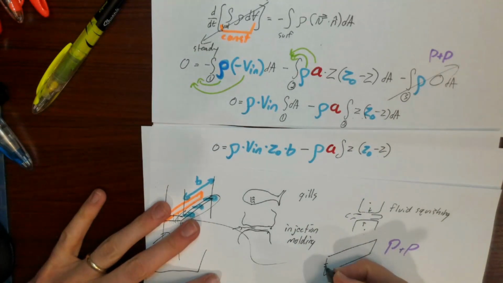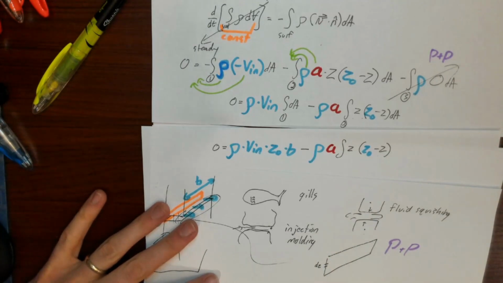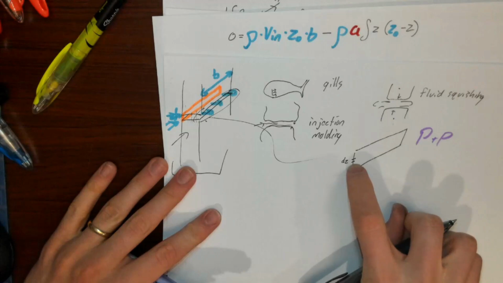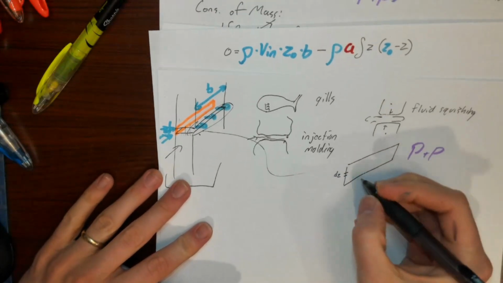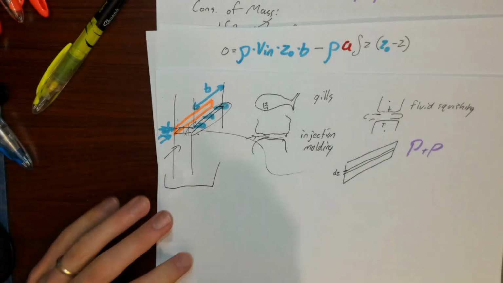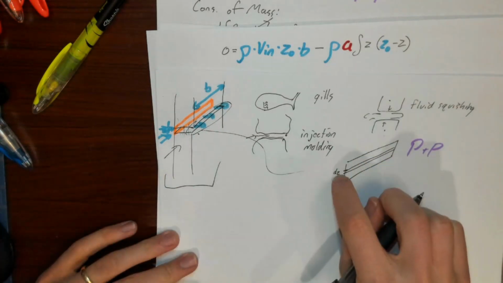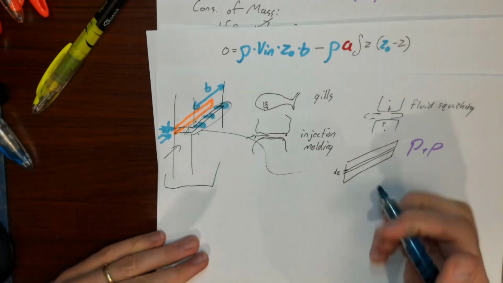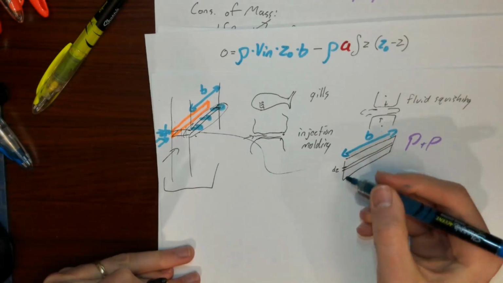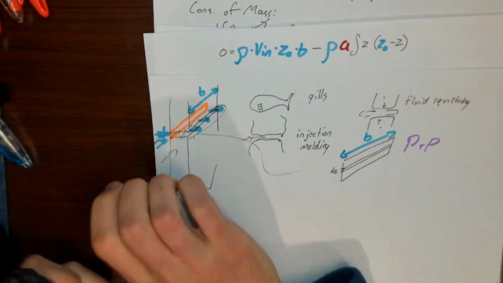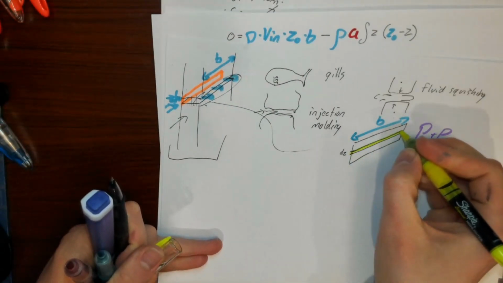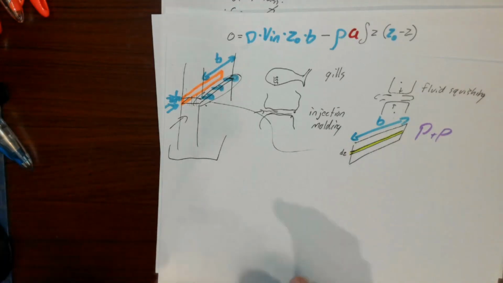And what is dz? dz is essentially a little part of this overall z naught right here. If we carve up our outlet surface into a bunch of narrow rectangles that are all dz tall but b wide, then each dA is going to be one of those individual slices.